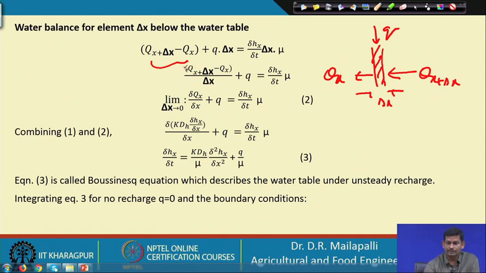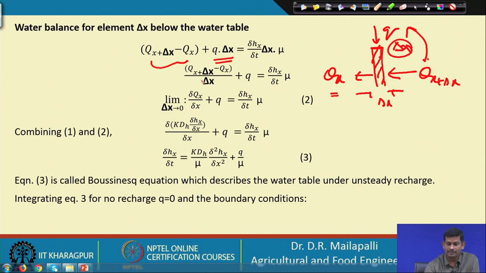The input is q x plus q into delta x, where delta x is the width, sorry, the thickness of the element, and the output is q x plus delta x. This difference will be equal to the change in storage.